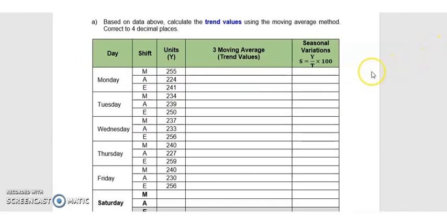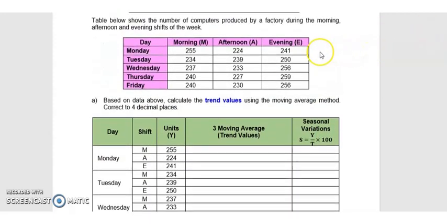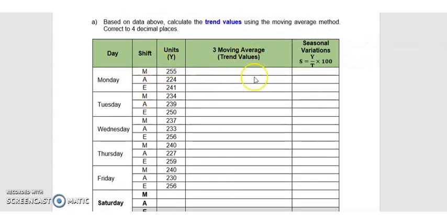You tabulate the data into a table like this. The 5 columns are for day 1, 2, 3, 4, 5. From the original data, you tabulate into this table. Now we have data from Monday to Friday.